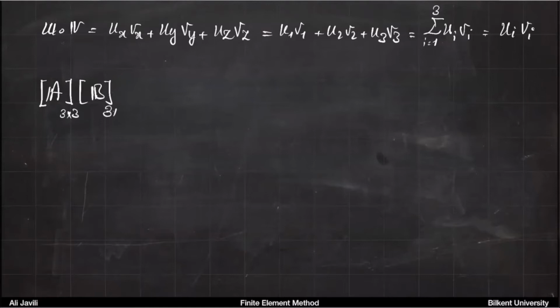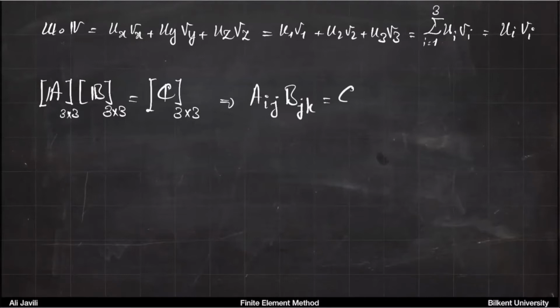I don't want to write them in components and take your time, but you know how to do matrix multiplication. Basically, if you want to do that, you can write it as Aij Bjk equals Cik.